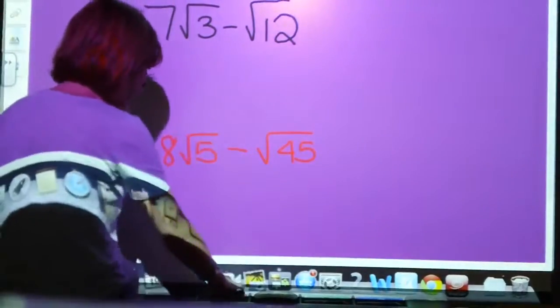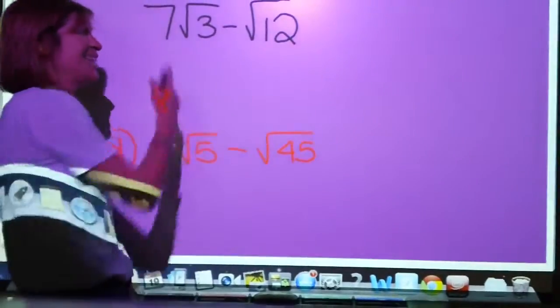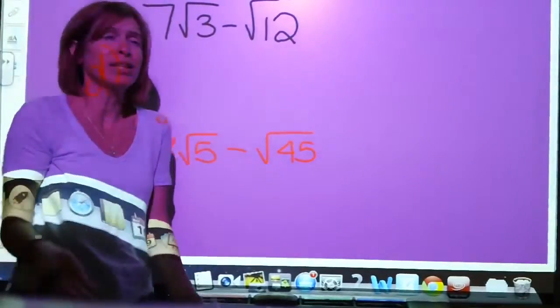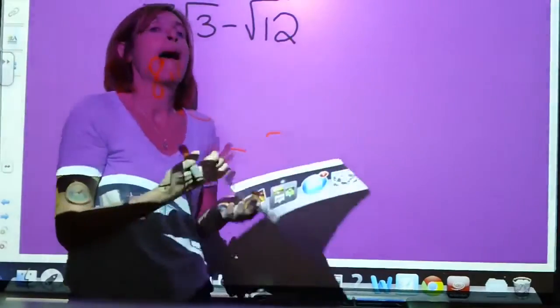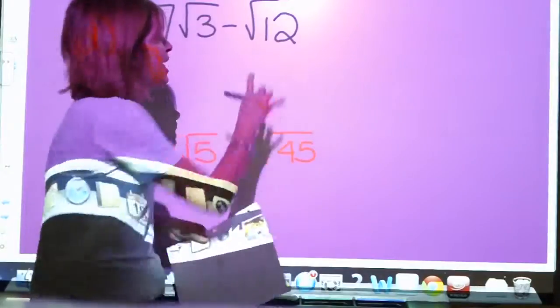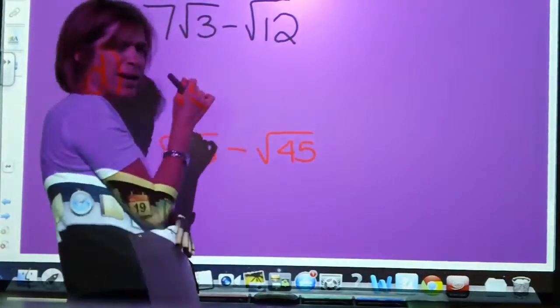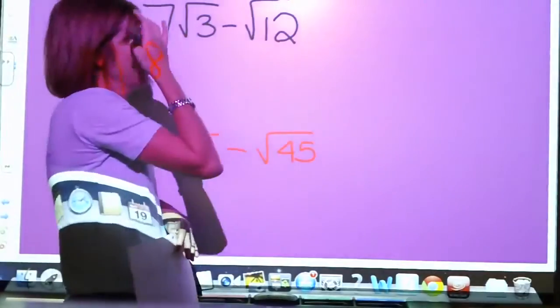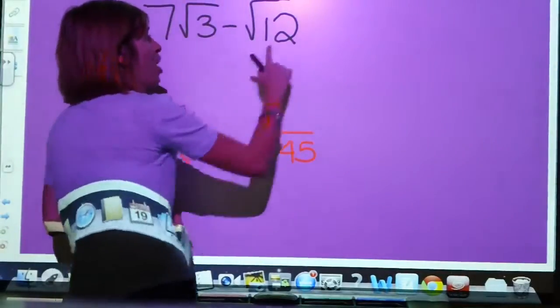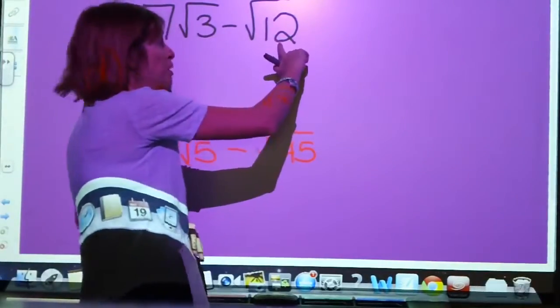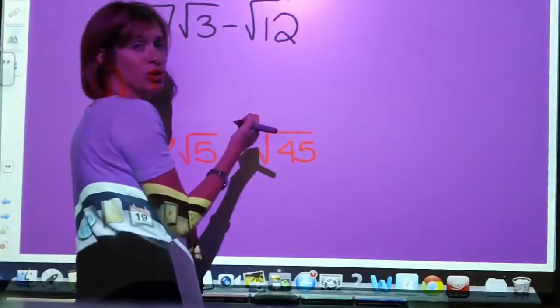All right, let's look at different examples. Now I've got radicals, and unfortunately, these aren't like terms. But we've been spending time looking at what you could do to root 12 to make it maybe possibly have root 3 in it. You can simplify it. Remember, we want the largest perfect square that is in the number 12.